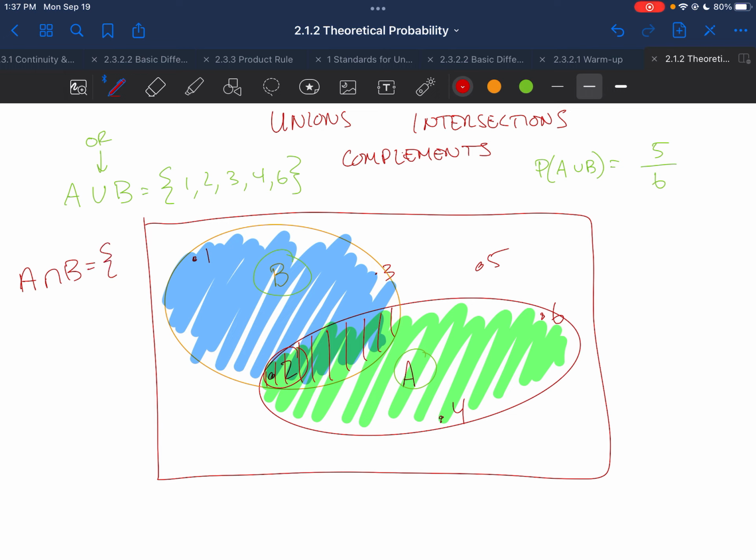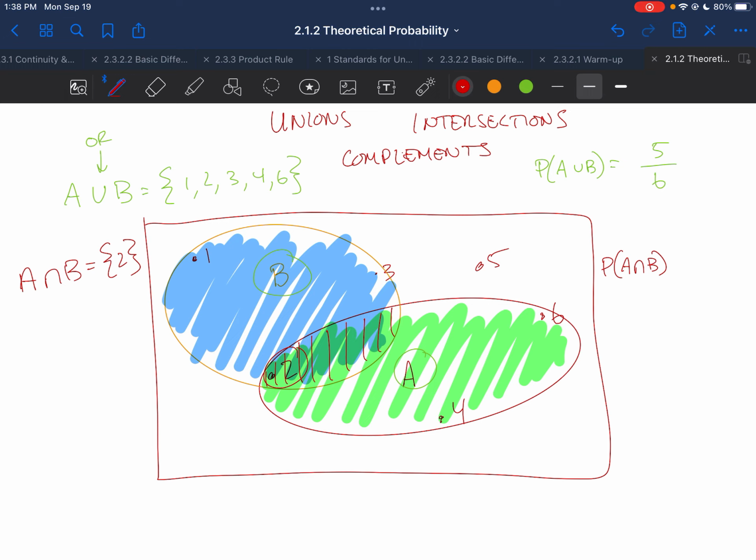This consists of the data point 2. The probability of A and B means that both are true at the same time, whereas or means that one is true, the other is true, or they're both true. And means both of them are true at the same time.